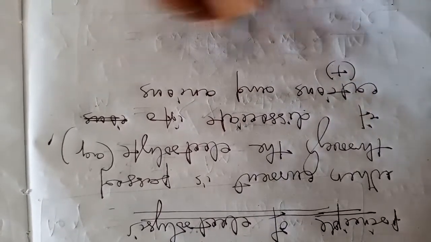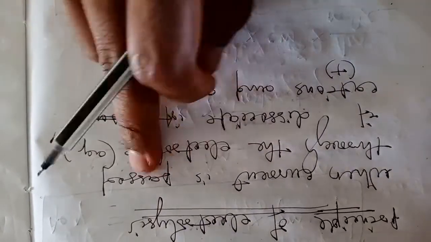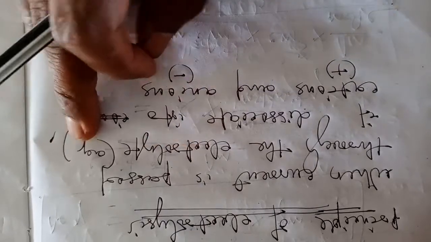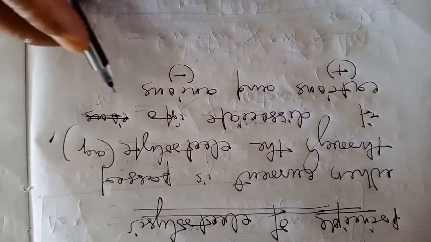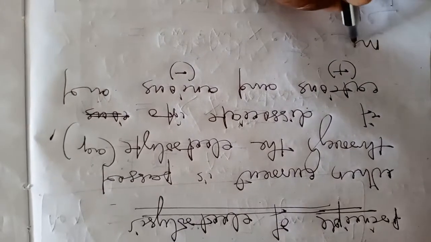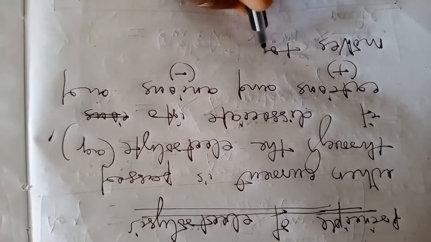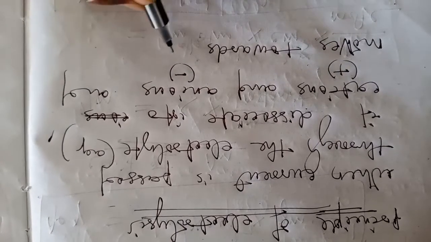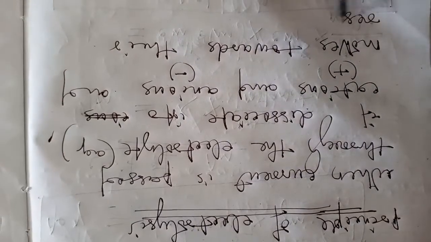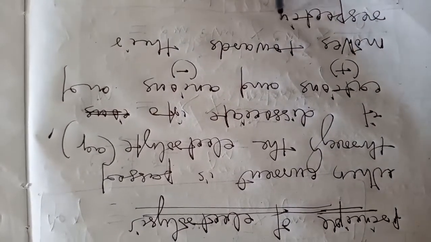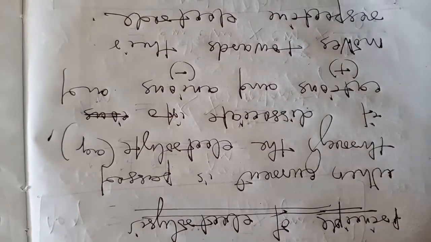Cation is positive, anion is negative. They move towards their respective electrodes.